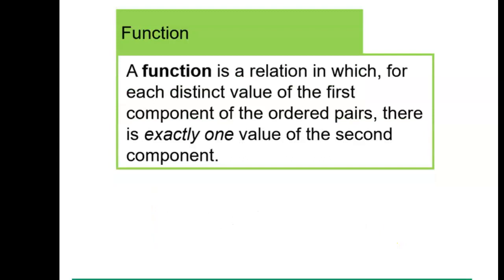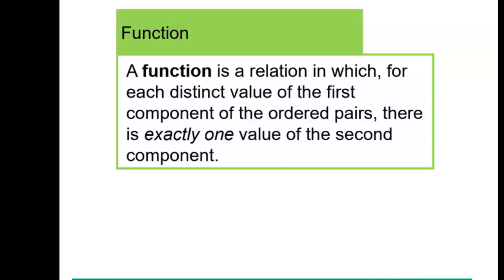All right, and then going on to talk about a function. A function is a relation for which each distinct value of the first component of the ordered pair has exactly one value for the second component. In other words, every x value is paired with exactly one y value.